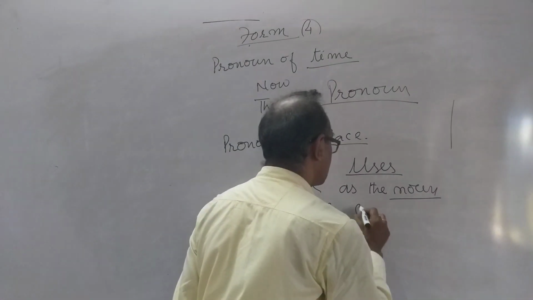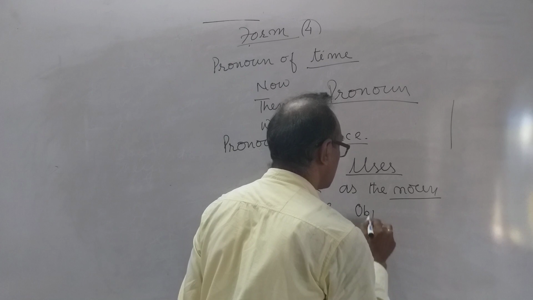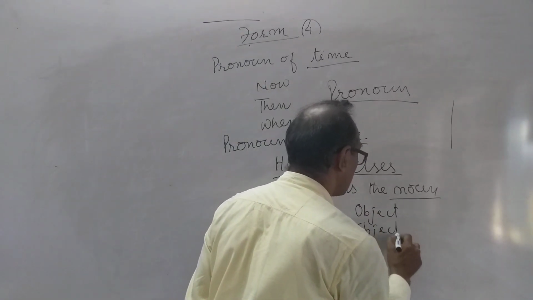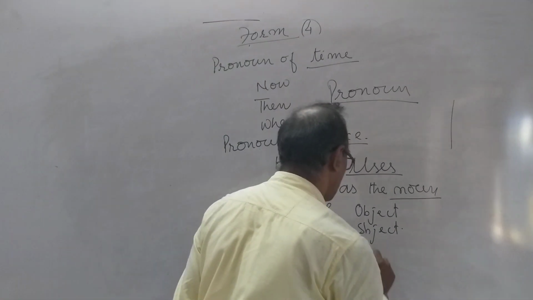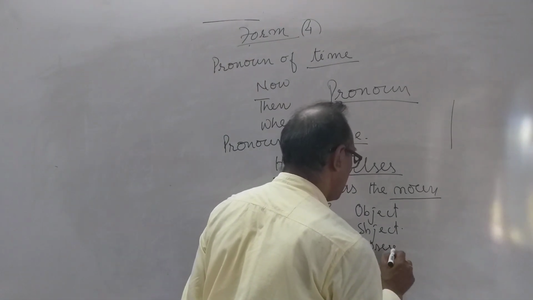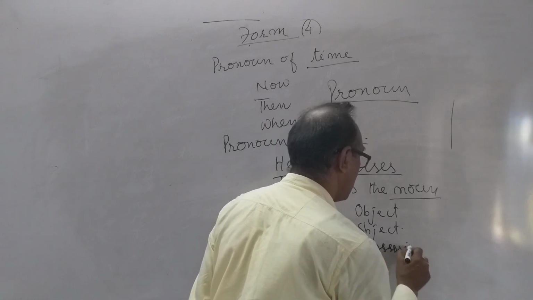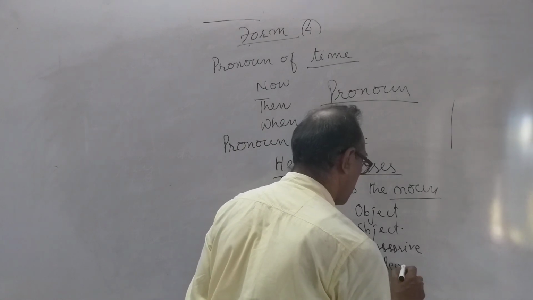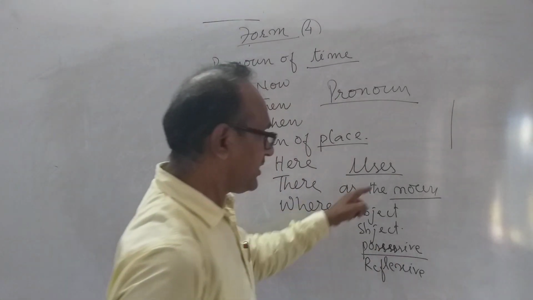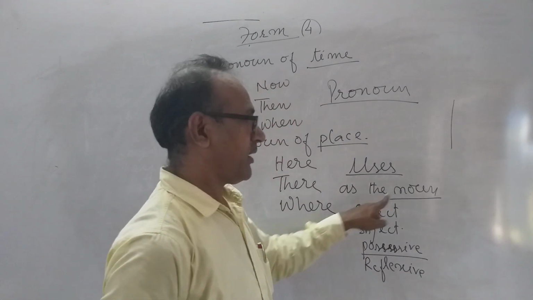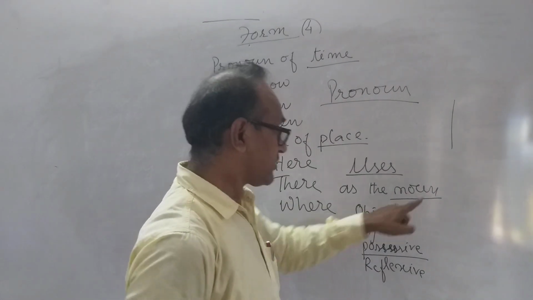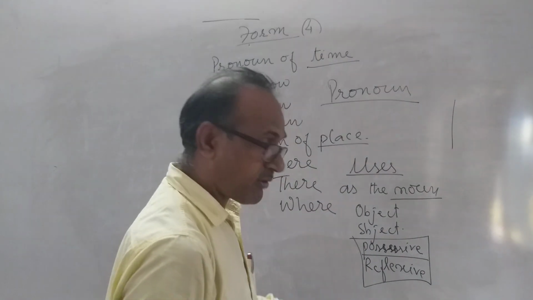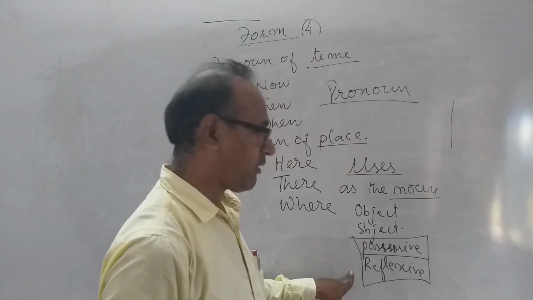That means as object in the sentence, or the subject of the sentence, or the possessive form, or a reflection. So these are the uses of a pronoun, but nouns cannot be used as a possessive or reflexive, but pronouns can be used as a possessive or a reflexive.